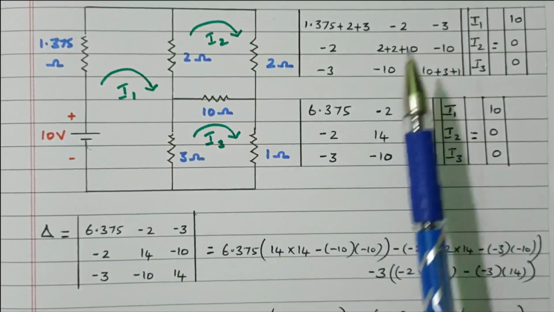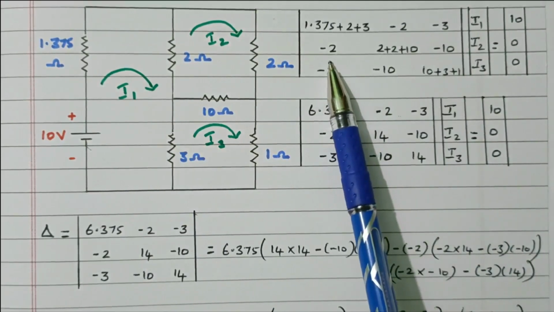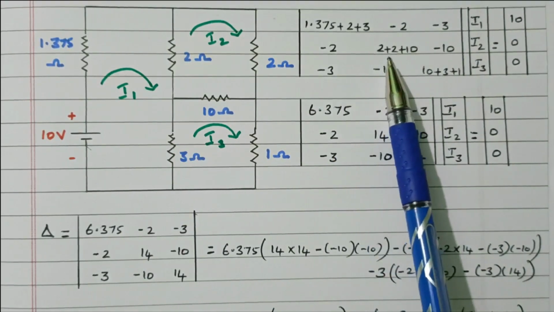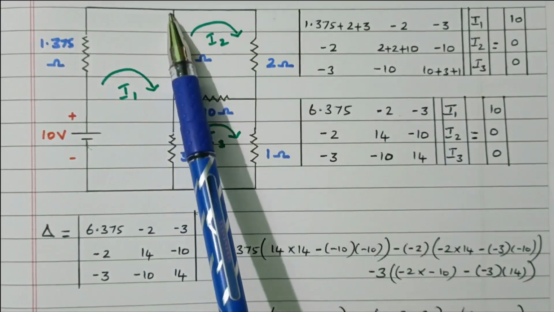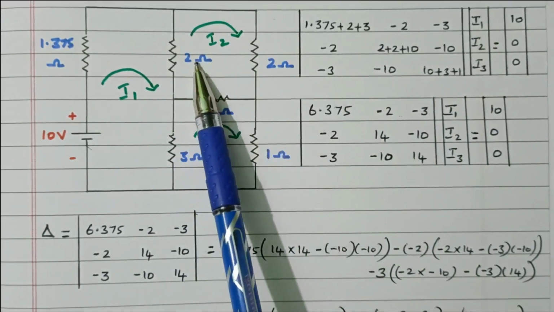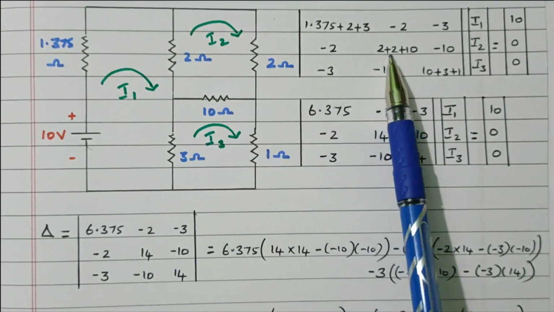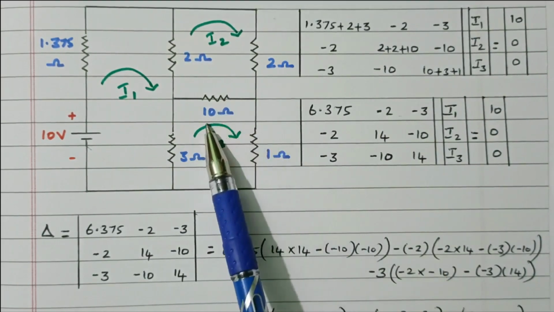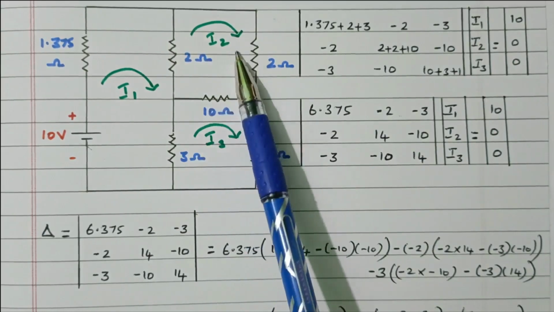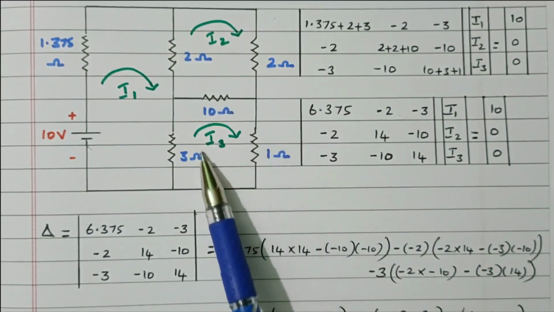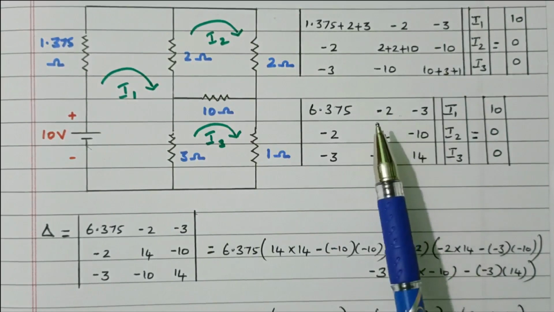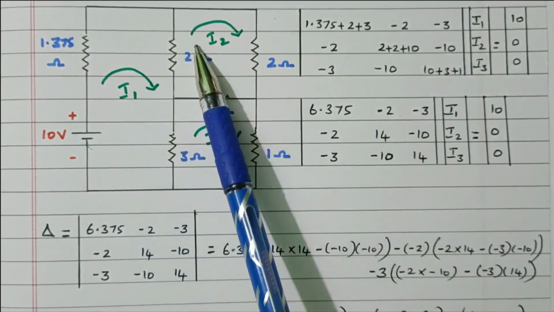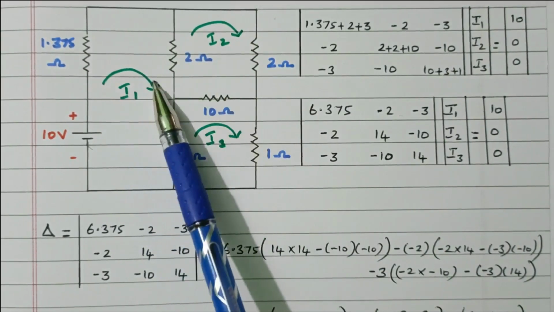So minus 3. Then R21, very similar to this. Then R22, the total resistor available in the second loop, 2 plus 10. Right? Then R23, between the second loop and third loop, this 10 ohm is available. The current here is also going in the opposite direction. So minus 10.